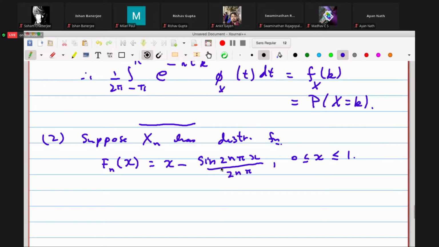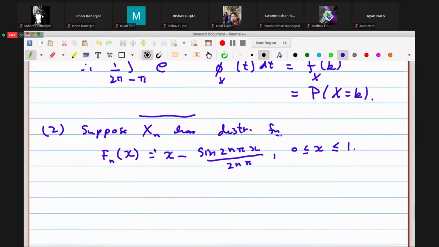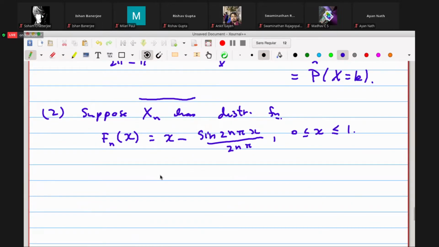That we will do in a minute, but that's a simple verification, that this is always greater than or equal to 0. And put x equals 1. What do you get? Here, sine is 2 pi periodic, so this becomes 0. Okay, so I get 1. So this is indeed a distribution function of some random variable. In fact, you can even find its density function. We will do that in a minute.